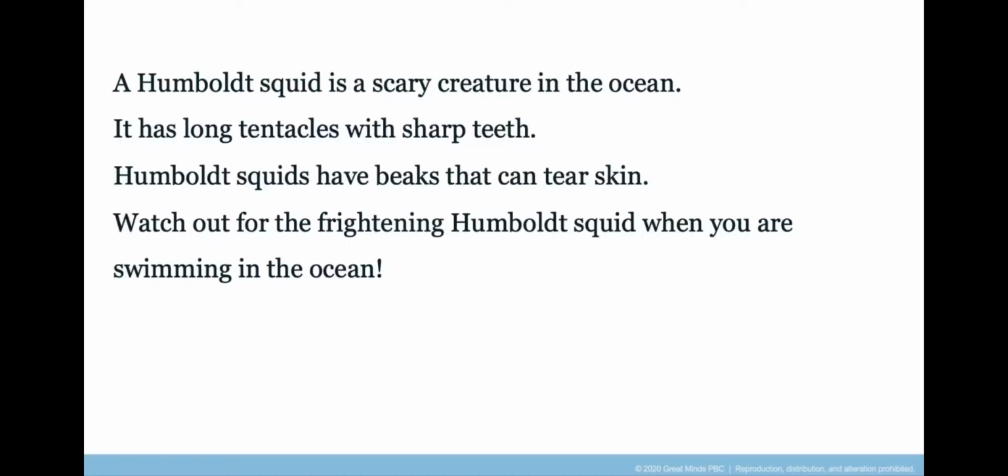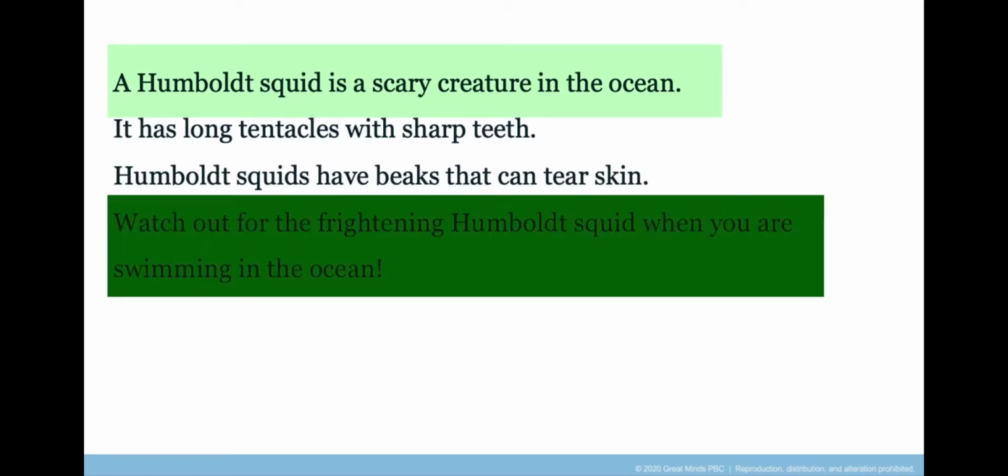Let's look closely at one of the paragraphs we've read about squid. As I read the topic statement and conclusion, I want you to be thinking about what's the same and different about these two sentences. Listen carefully. A Humboldt squid is a scary creature in the ocean.